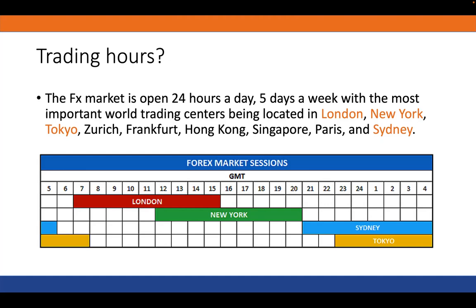When I say consolidation, it's more like the market is not trending. The market is ranging, in a flat move, not moving in any specific direction. So on Sunday evening when the market opens up, we don't trade. Normally you look for your setups from Monday, Tuesday to Friday.